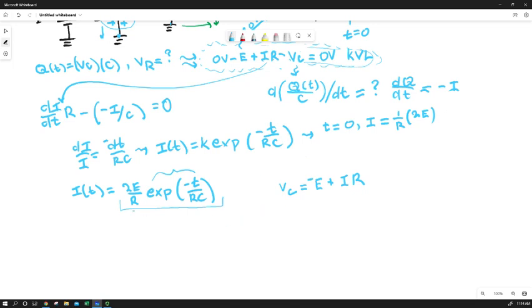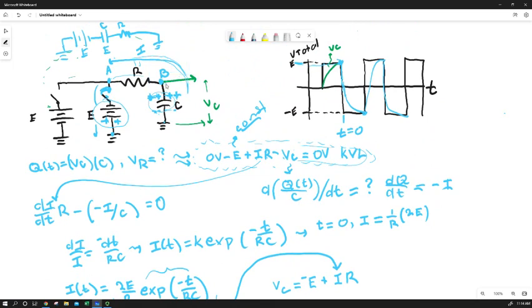So now I'm going to put this term in for I. So I'm going to end up with the voltage drop over the capacitor, which means if I were to measure this again on a real circuit with a square wave, I would be measuring between point B and ground.